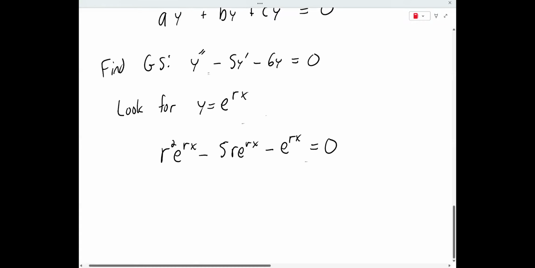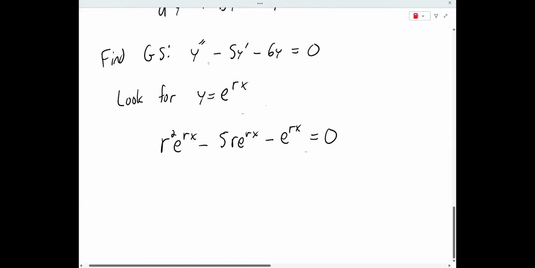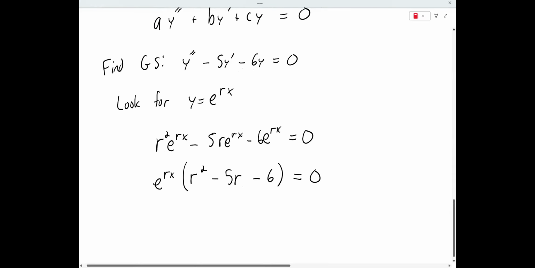So anyway, you factor out the e to the rx here. So r squared minus 5r minus, I lost the 6 here, my bad, there should be a 6 there. Minus 6 equals 0. Now, this e to the rx, no matter what r is, can never be 0.